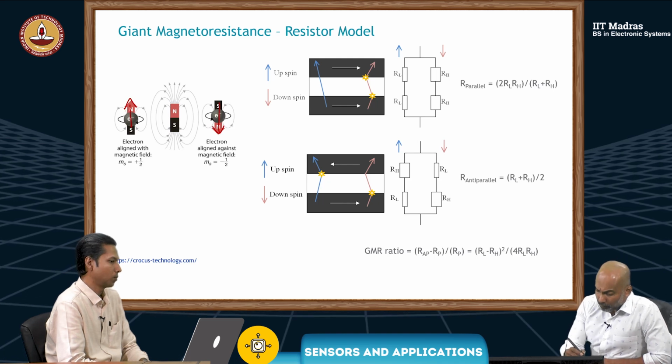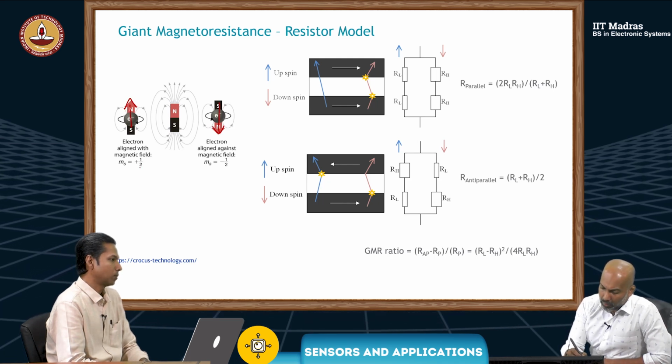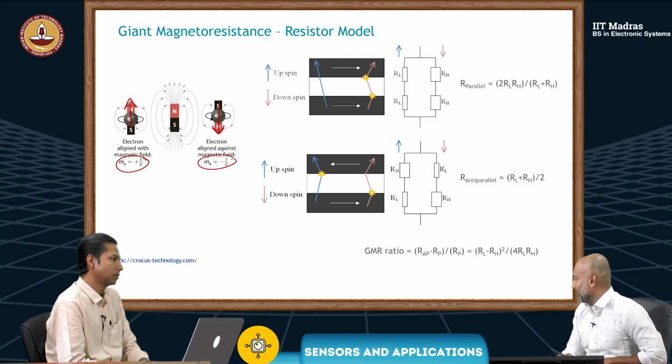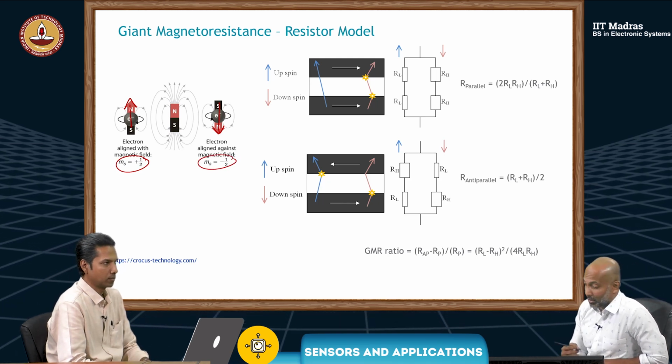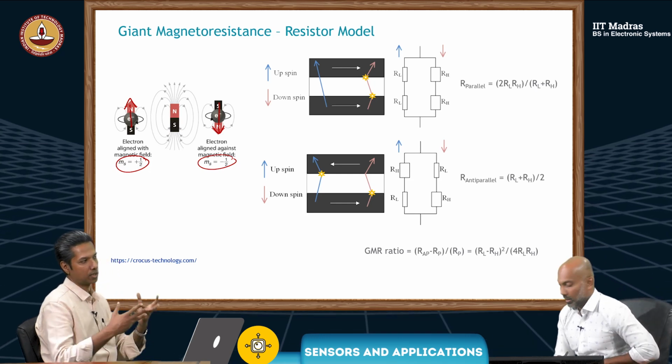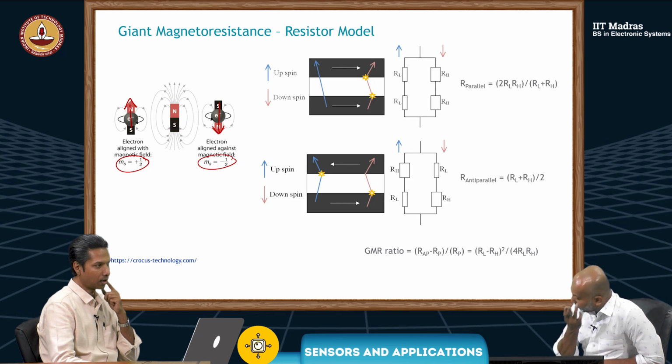They also have a magnetic dipole number, but we don't really worry about that. All we need to know to understand this resistance change is spin up and spin down, and how the resistance depends on the spin.